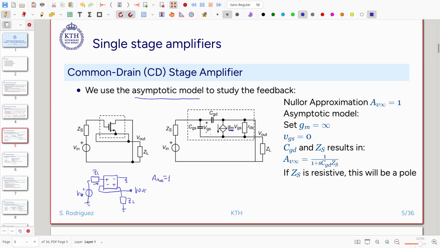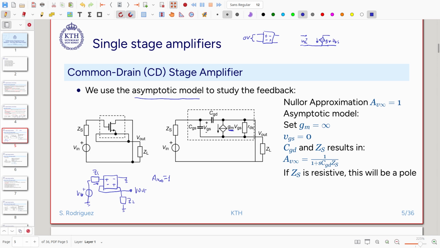So one of the things that will always happen, and I will draw the transistor here. Okay, so we have plus, minus, minus, plus. That will be VGS, that will be gm VGS. Okay, so one thing that will always happen when we place a nullor in a negative feedback configuration is that this voltage is going to be equal to 0 volt.